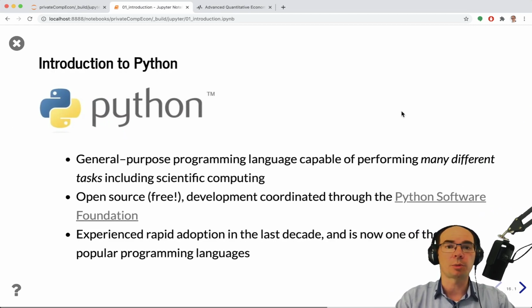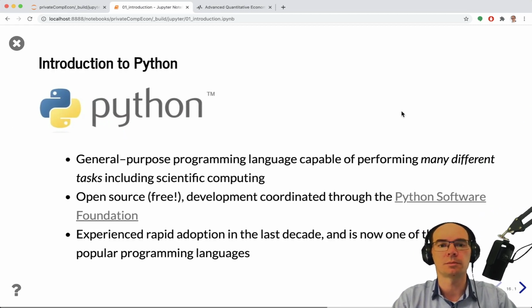The course is in Python. We could do different languages, and I myself use different languages for different things. But I think Python as a general purpose language will be most useful for you no matter if you stay in academia, continue with your studies, or go do some work for the industry.